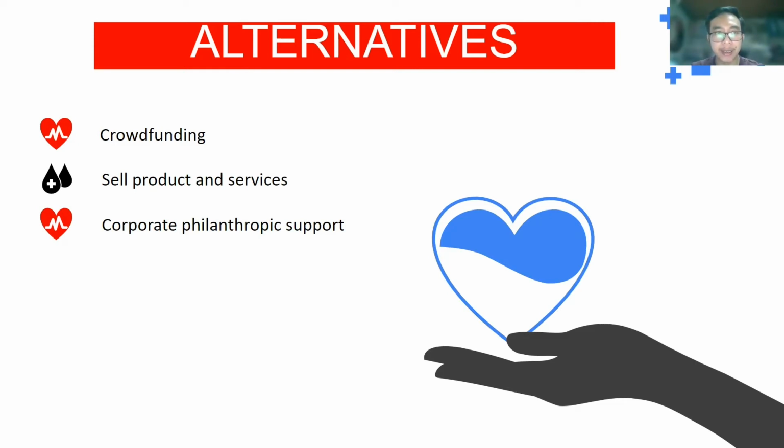Secondly, LLS can sell products and services. For example, LLS can sell flower arrangements or even teach a class such as yoga to increase the fund.